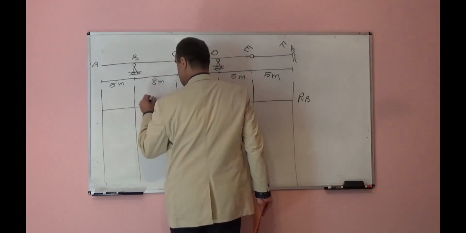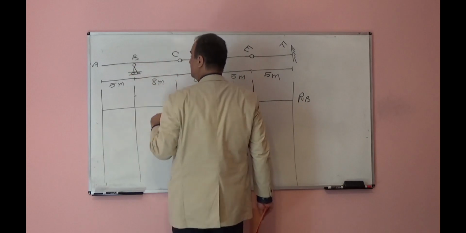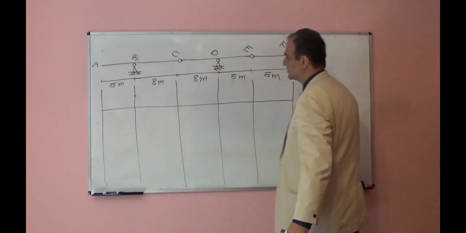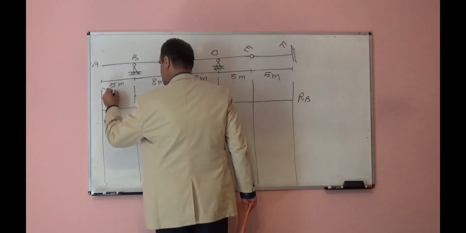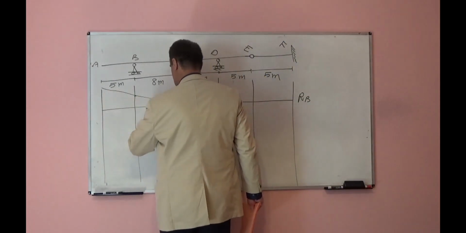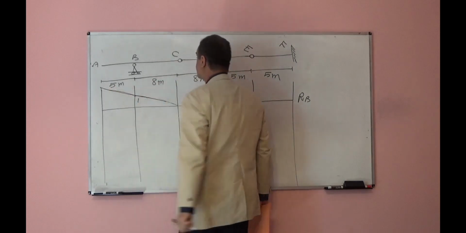So if you shift up this point 1 unit, what is the deformed shape of the structure? The deformed shape of the structure will be something like this. This is 1.